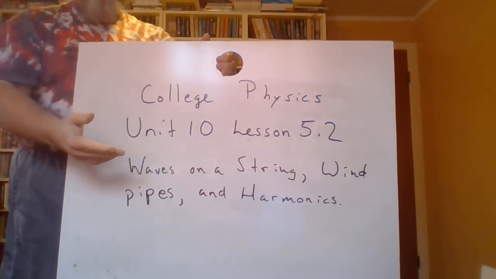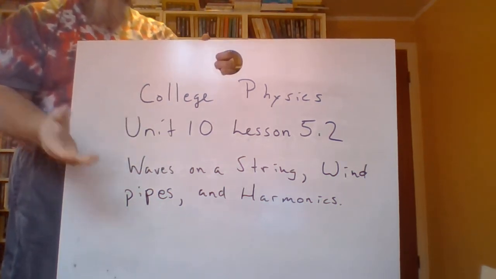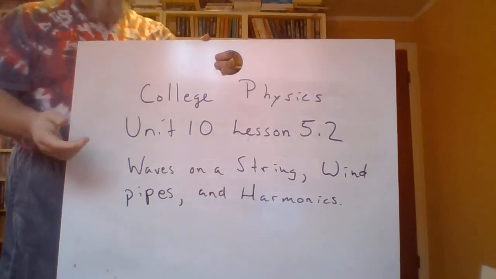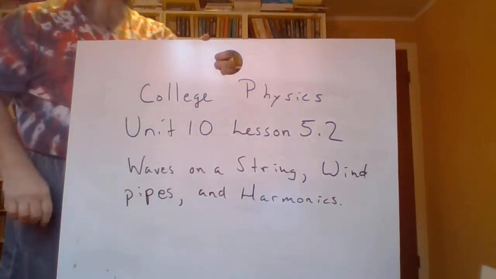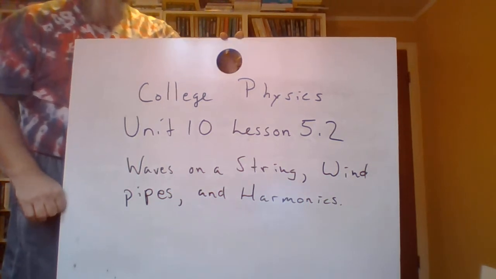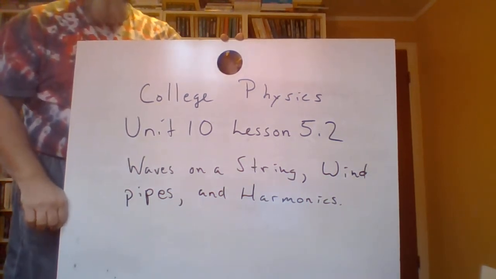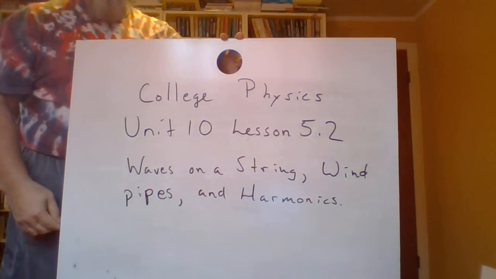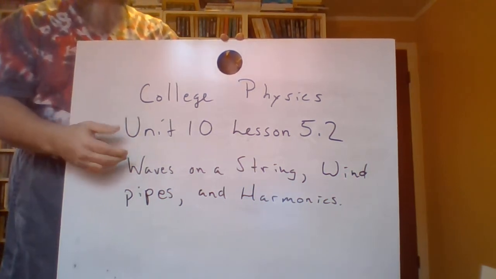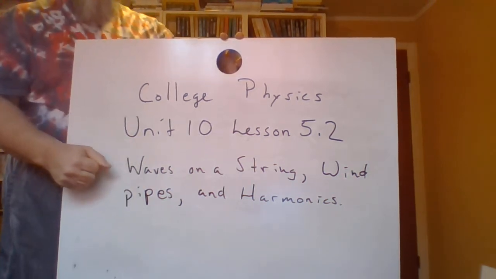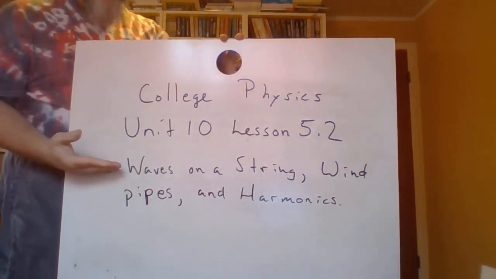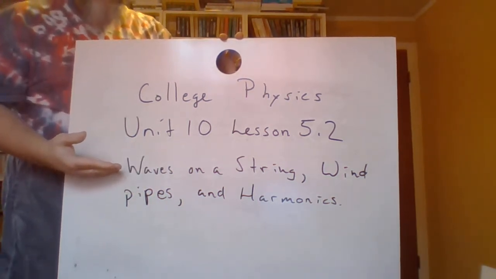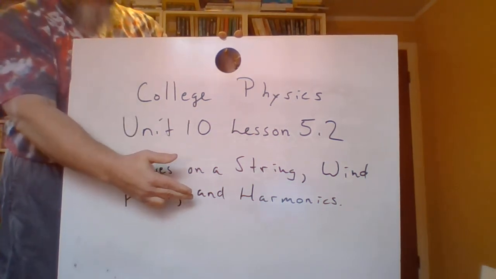Windpipes are anything from flutes and brass instruments like trumpets and trombones to physical windpipes, the kind of things that are on wind chimes, pan pipes, organ pipes. These are all forms of what I call windpipes, and how they use the same principles that we find in waves on a string, and what we call harmonics.